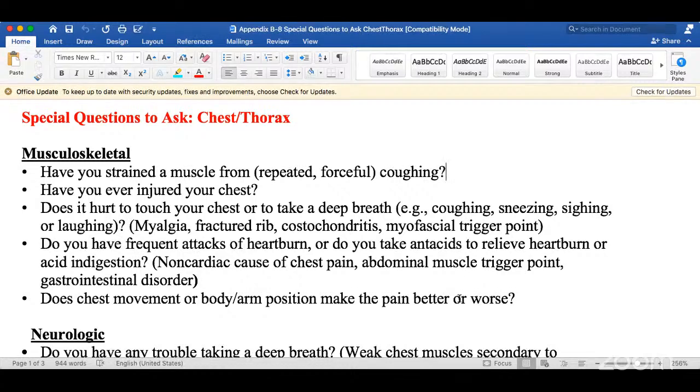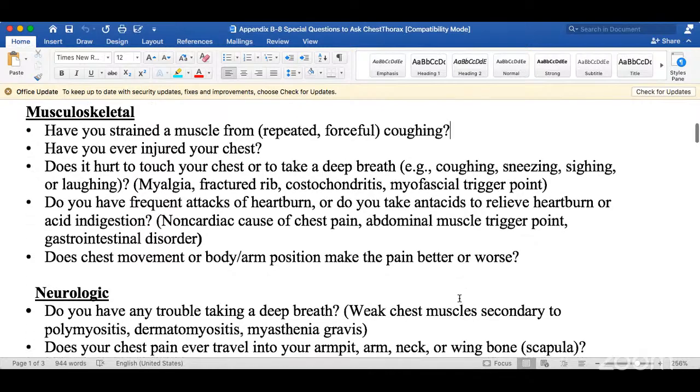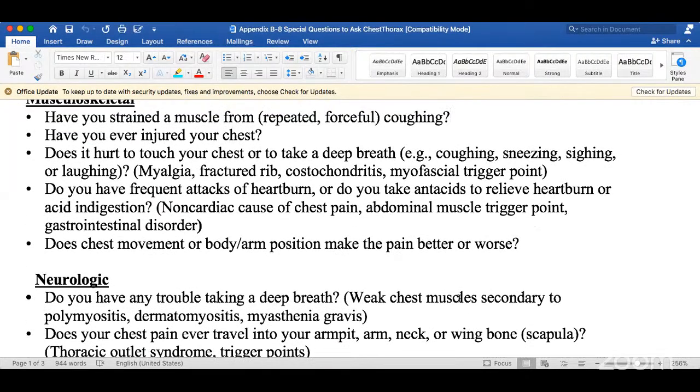So these things, we need to look at them. Is it reaching up and sustaining, or is it just raising? Before it even gets above the head, you begin to have pain. So we need to ask these questions and then try to interpret it based on the symptoms that the patient presents with.